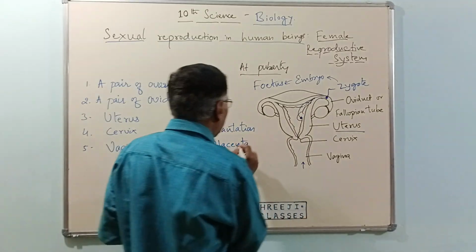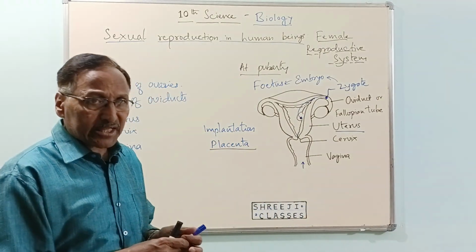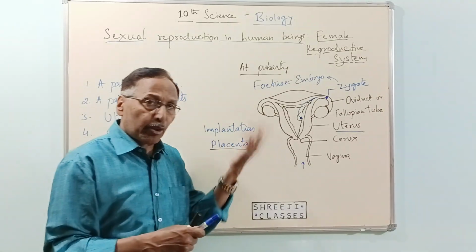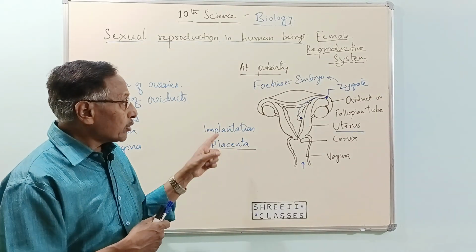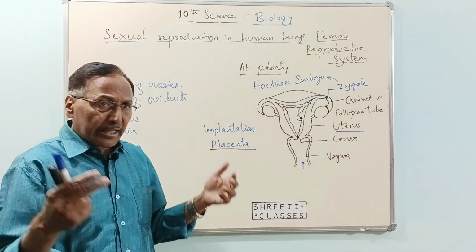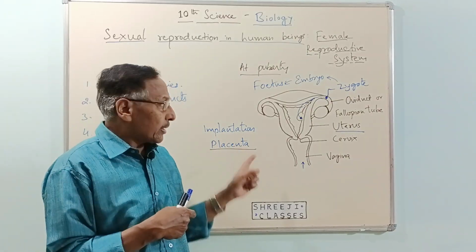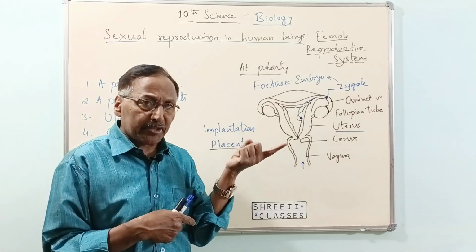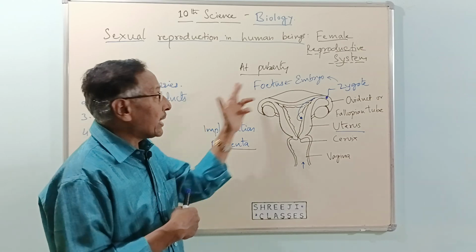Also, whatever nitrogenous waste the embryo or the fetus produces is sent out through the same placenta. So it acts as a two-way connection. One, it provides nourishment to the developing fetus. Secondly, it removes all the waste produced by the fetus.